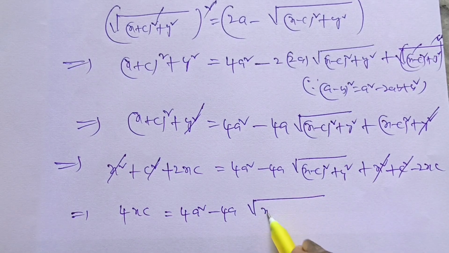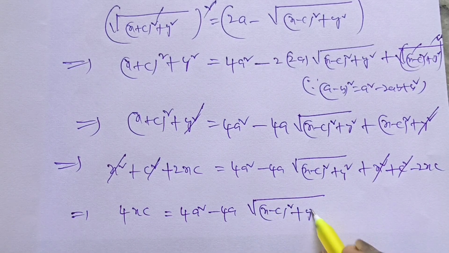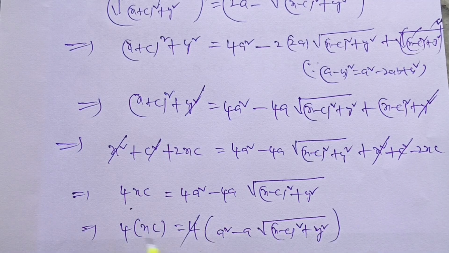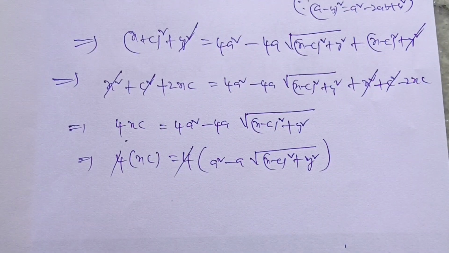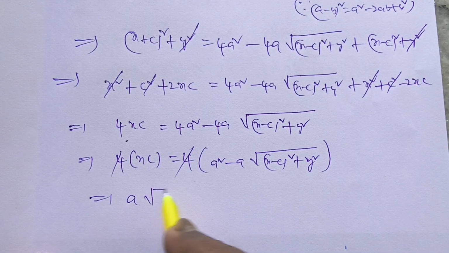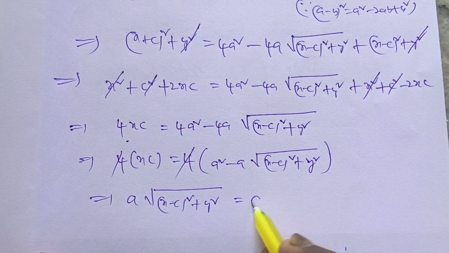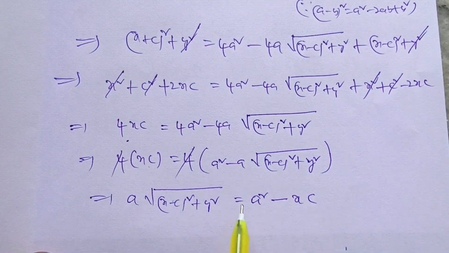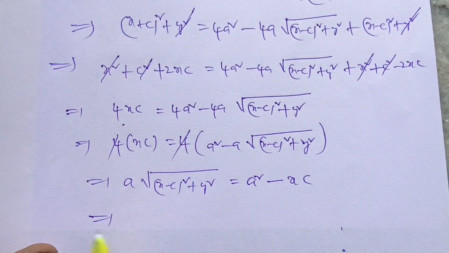Here x square and c square cancel on both sides. Then we have all a terms taken to one side and the remaining term taken to the left side of the equation. Now taking 4 common on both sides, 4 cancels.